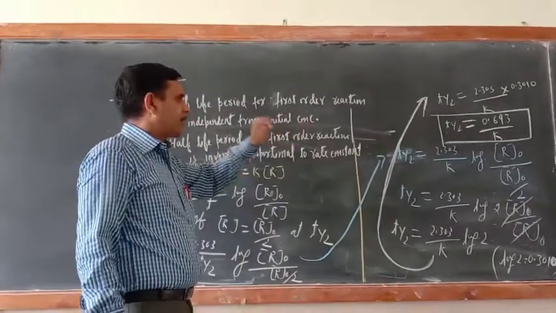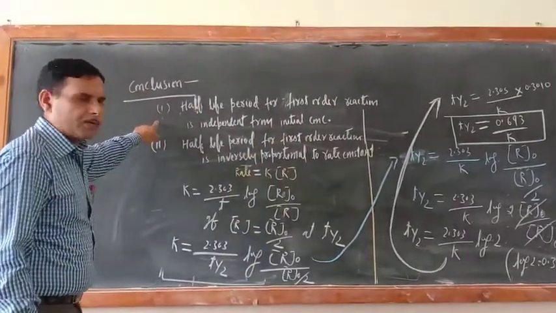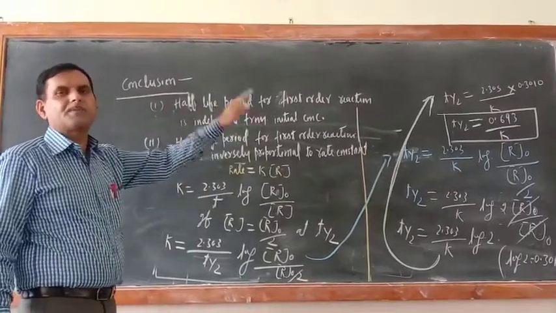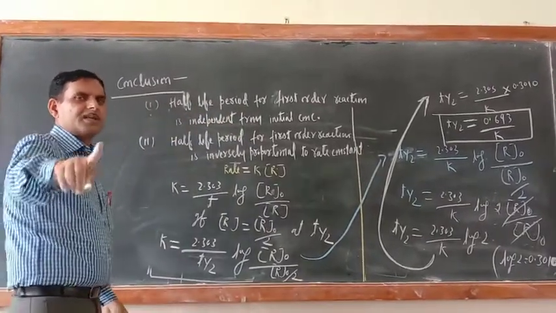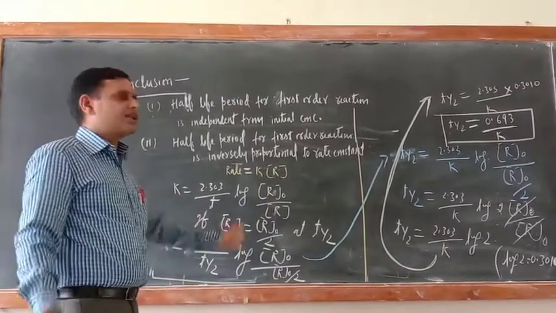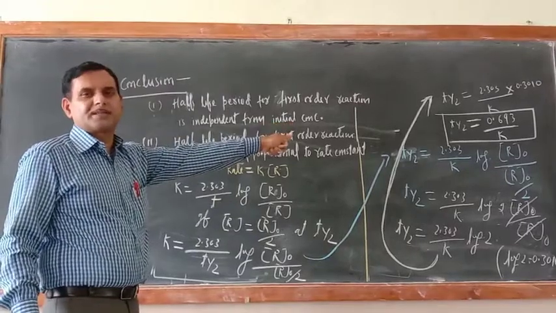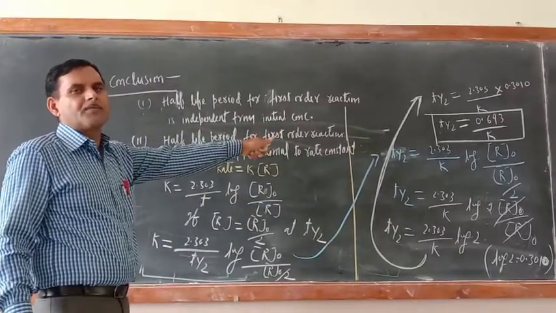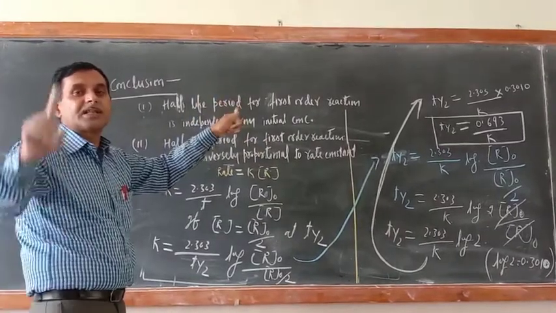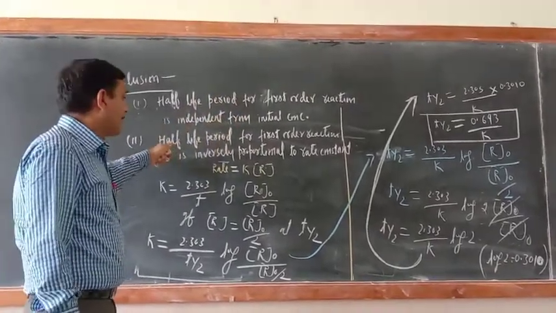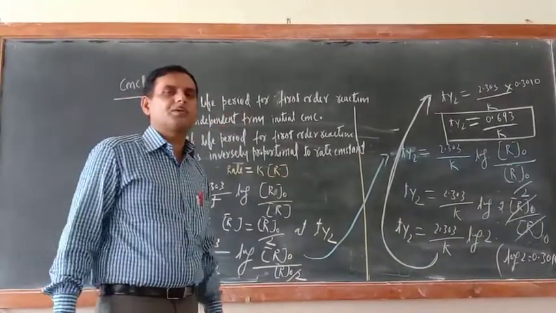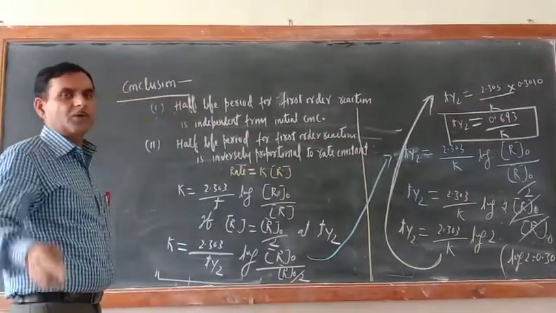Now what is the conclusion here? Two important conclusions. Half-life period for first order reaction is independent of initial concentration. If you see the expression, the initial concentration term, that is r0, has not come in the final expression. Second one is half-life period for first order reaction is inversely proportional to the rate constant.